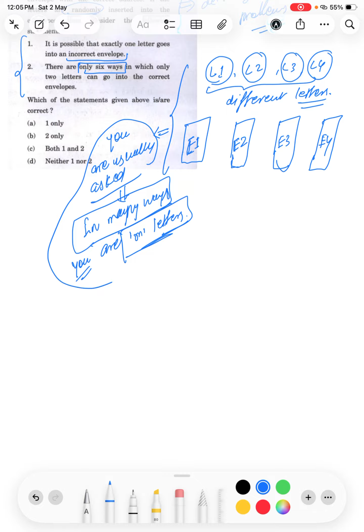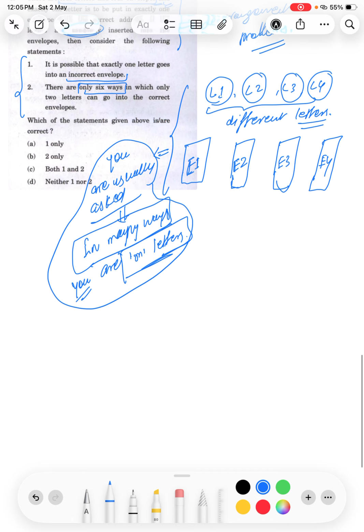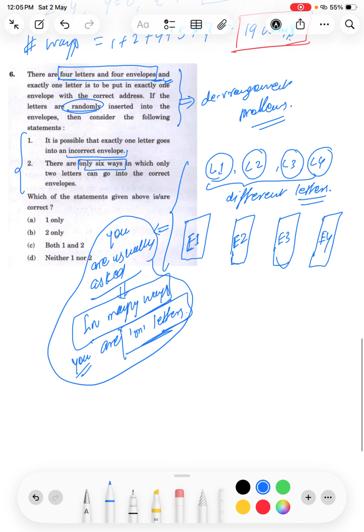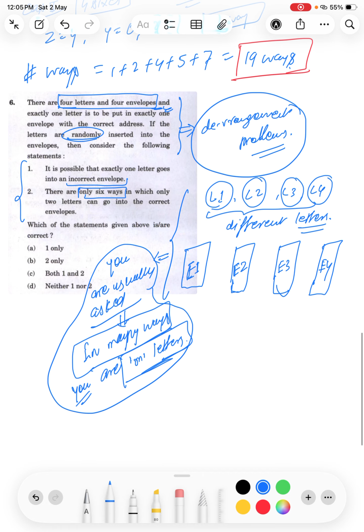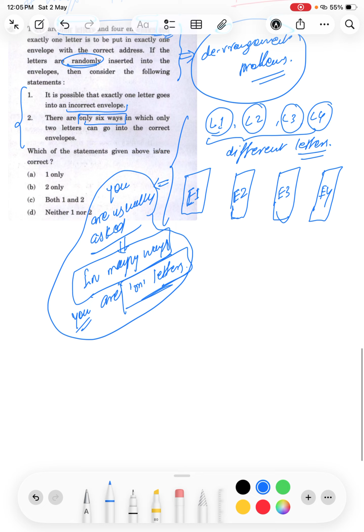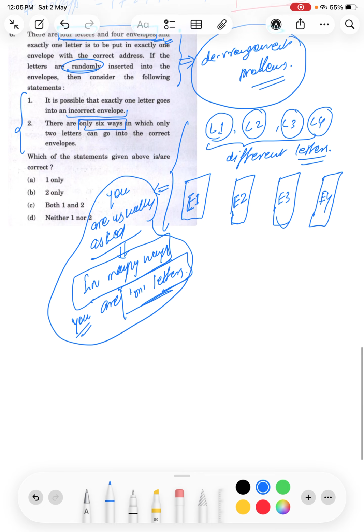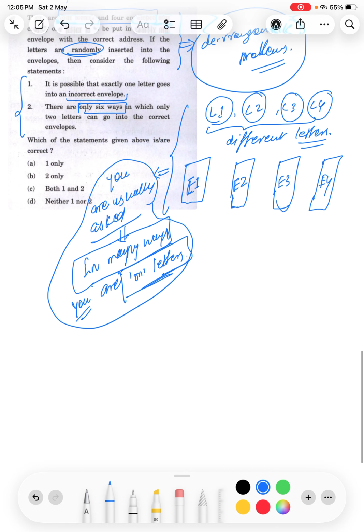So this is the kind of question you are asked in this sort of problems. How do we solve this kind of problems? Again, we are not going to use the derangement formula from JEE concepts. We'll simply take different cases and solve this question using our aptitude.